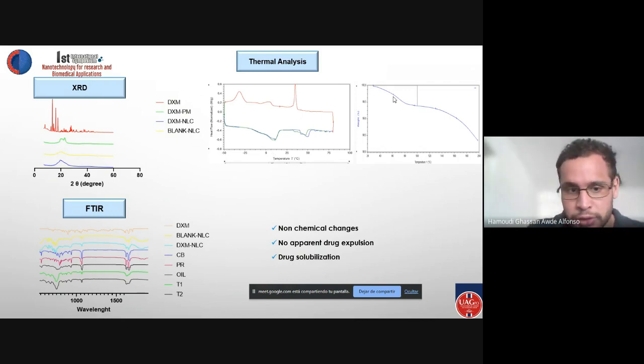The same for the thermal analysis, and the same for the FTIR, or infrared spectroscopy. After analyzing this, we realized there were no chemical changes, no apparent drug expulsion, and we found that there was drug solubilization in the lipids, of course.